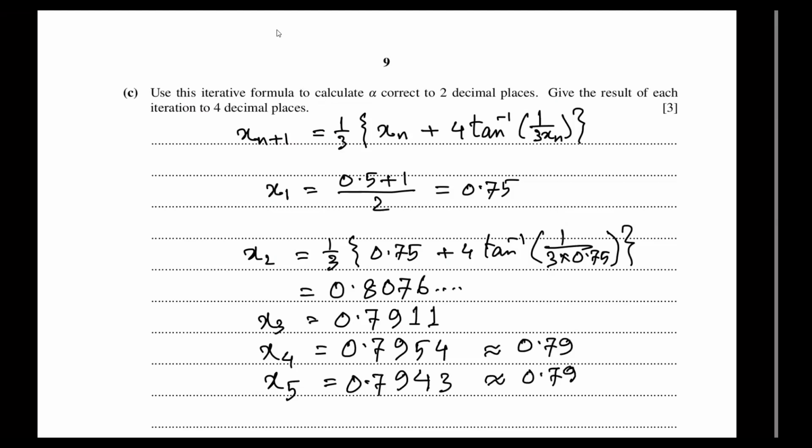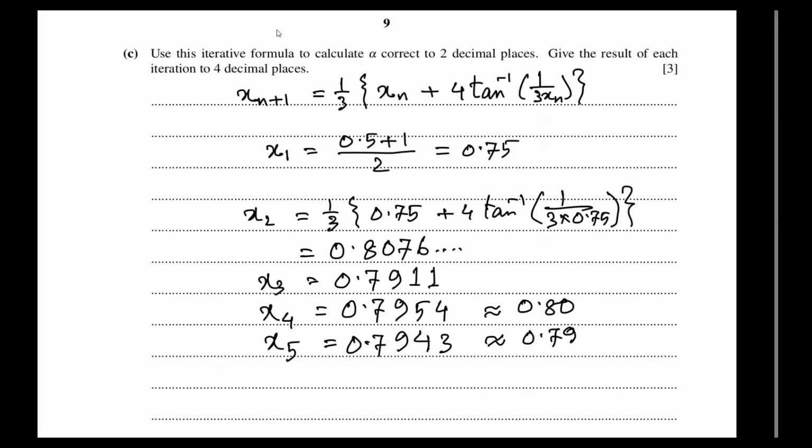No, no, no. Sorry, my bad. So x4 is 0.80. x5 is 0.79. So the next one is x6, 0.7946.